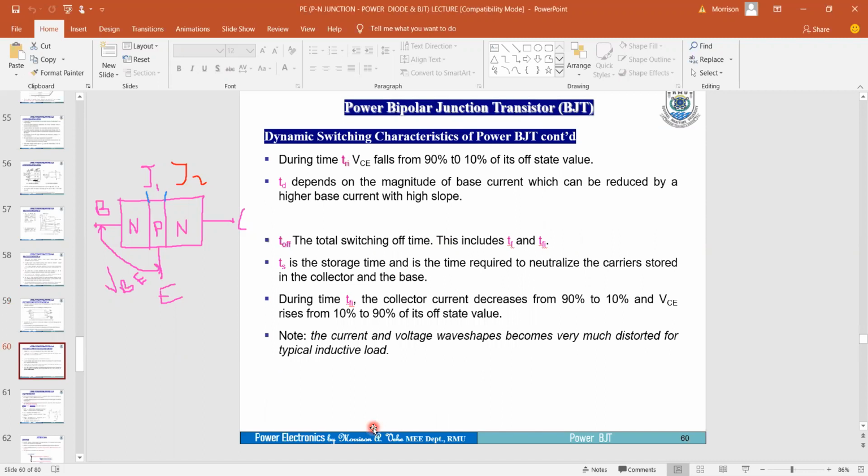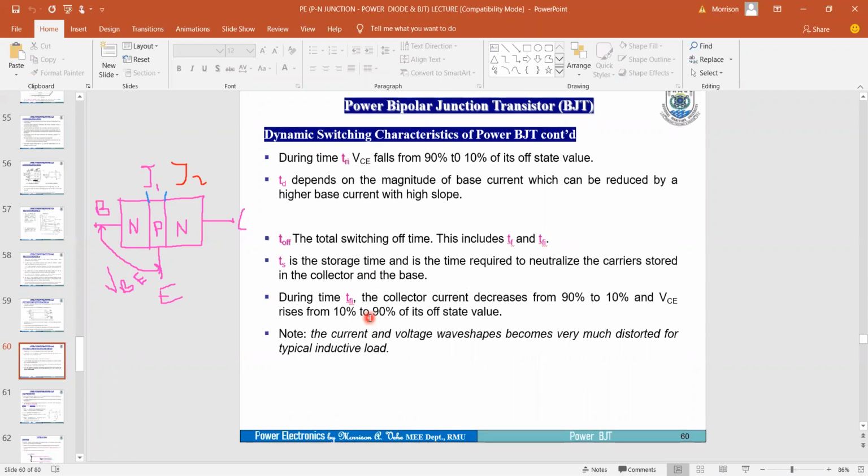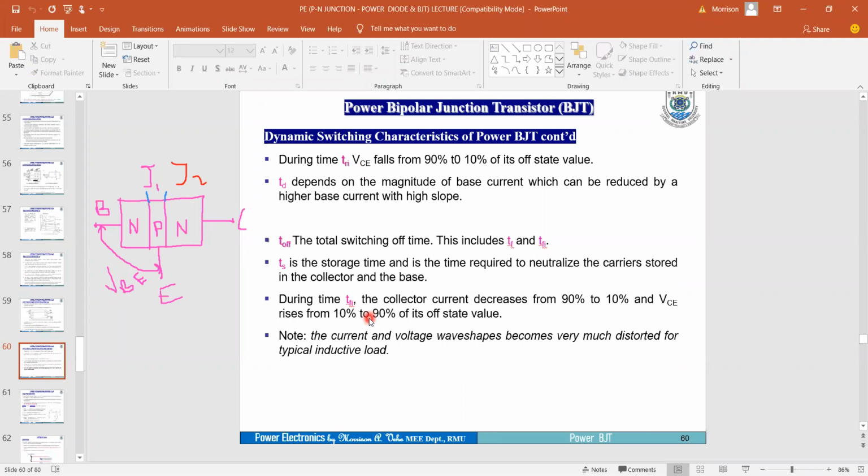Now during TRI, your collector emitter voltage, that's the VCE, will exist between this place.